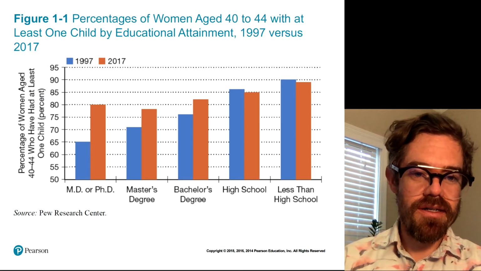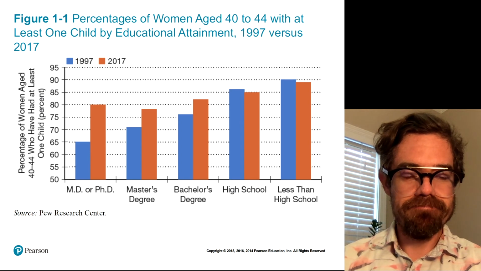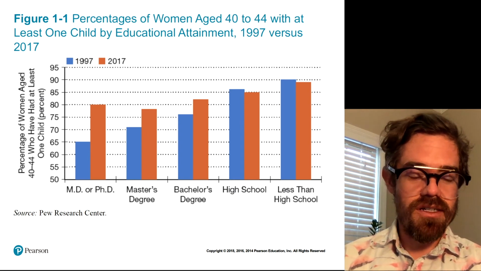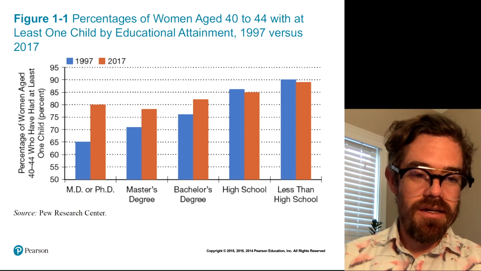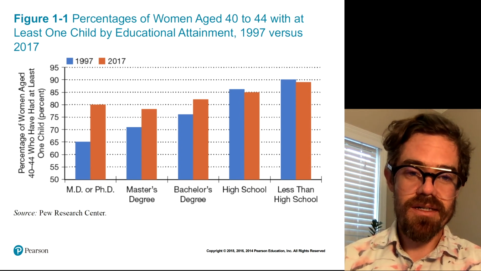Now, just to give you a few reasons why we might be observing this. It could be, of course, that getting a higher education is very costly in terms of time and may be difficult to achieve if you have children.